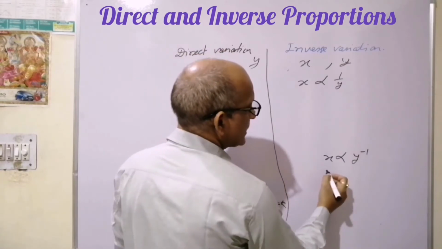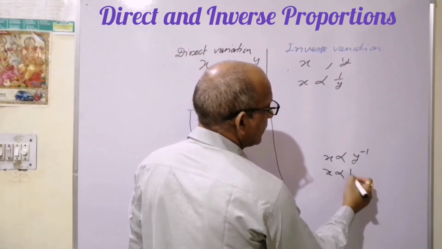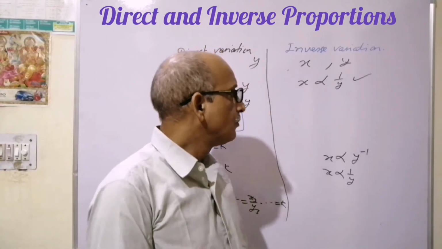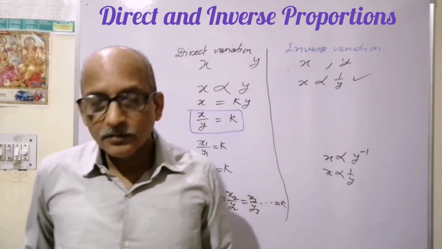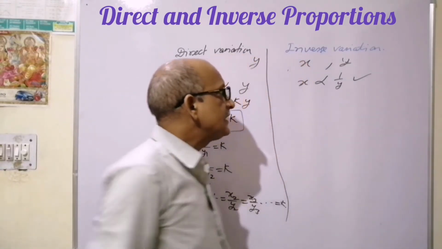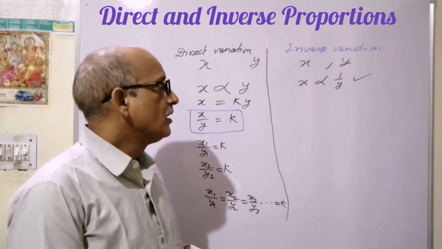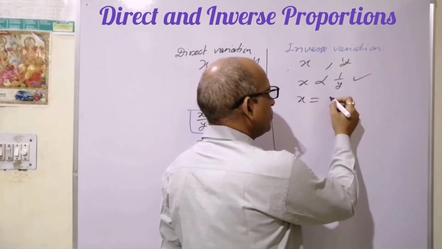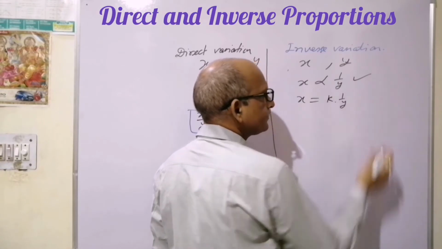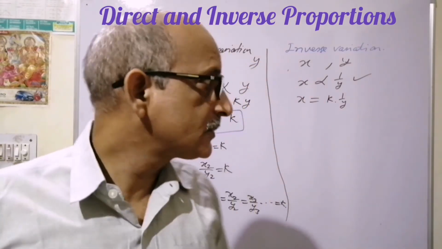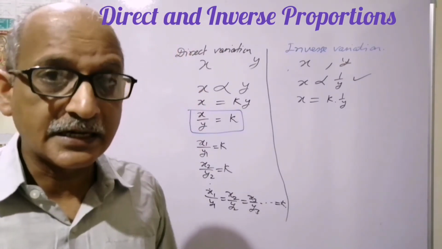So we can write x is proportional to 1 upon y. Now if x is proportional to 1 upon y, then we can write x is equal to k into 1 upon y, because when the proportionality symbol is removed, we have to introduce the proportionality constant, that is k.